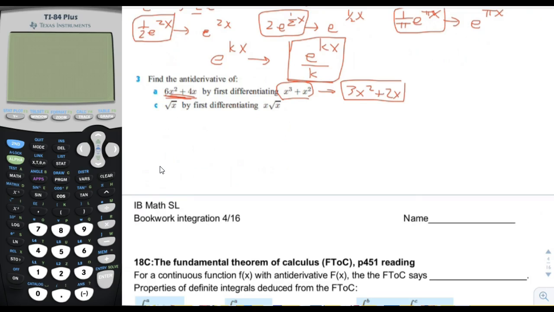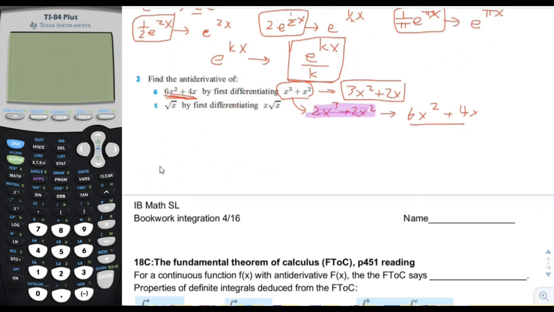So instead of taking the derivative of this function, I'm going to double it and then take the derivative, and I'll end up with 6x squared plus 4x. I got the exact same thing. So now I know that the antiderivative is going to be this function which I just invented there.